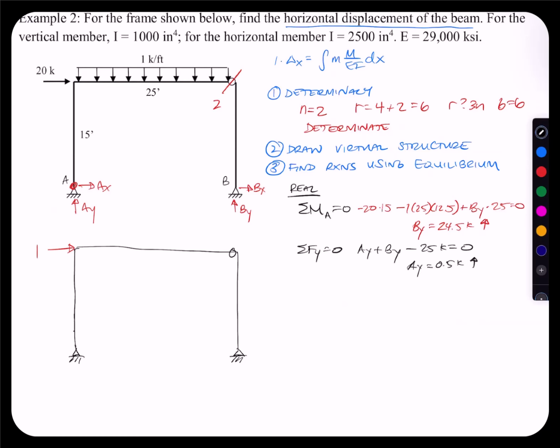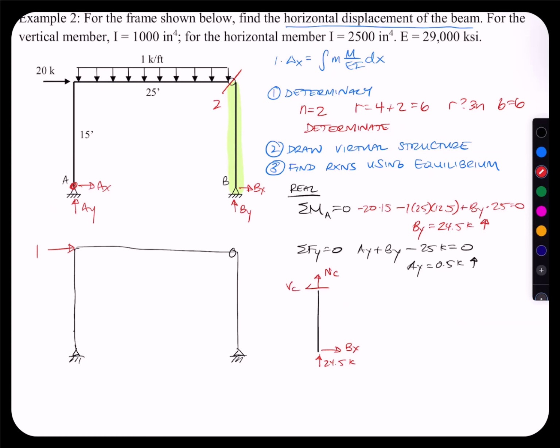Now if I try to sum forces in X, I'm going to get stuck, so this is where I need to break my structure based on the hinge, so I'm going to look at this piece. I have found that this is 24.5. I don't know BX. When I cut there, I release axial and shear at that hinge.